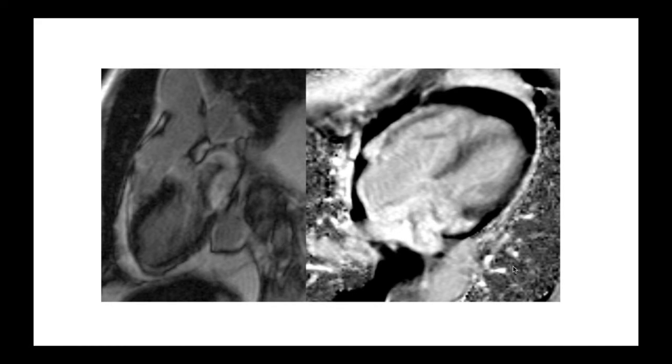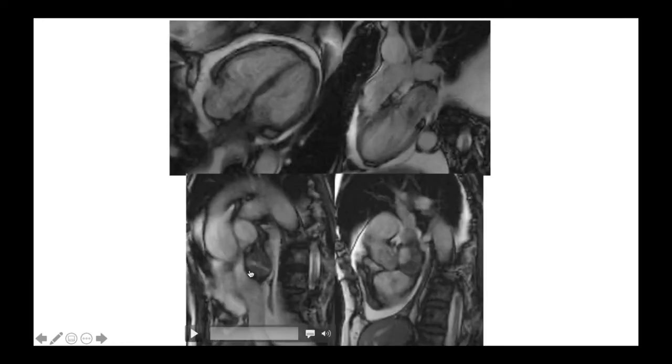Yeah, very good. So it is enhancing, and it actually turned out to be a left atrial sarcoma, really not the typical location for a thrombus, but it is layering along the posterior wall of the LV. In fact, here it looks like it's circumferential. And I'll just go back.